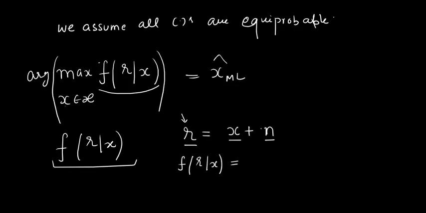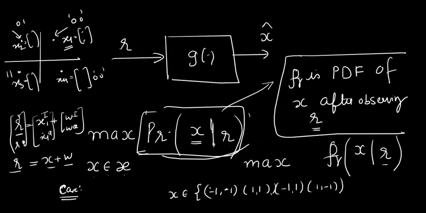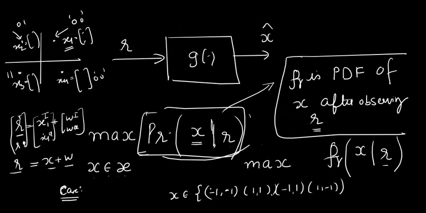Now our aim is to find this likelihood function. This is called the likelihood function, and this is called the a posteriori probability: X given R is the a posteriori probability after observing R.